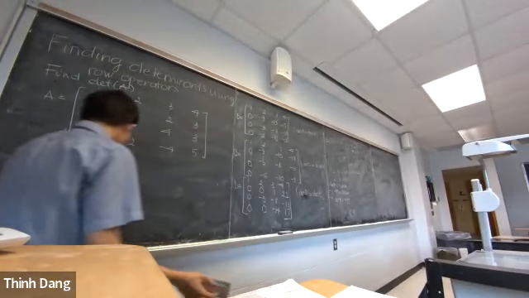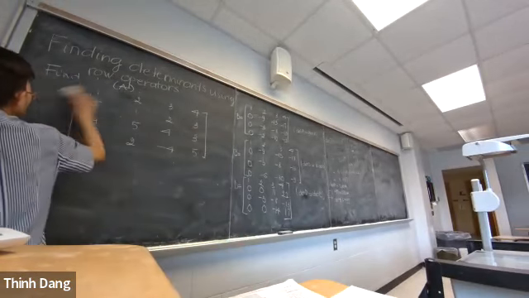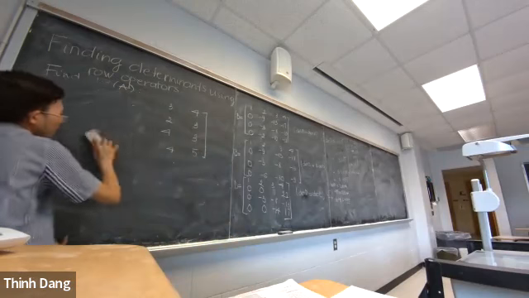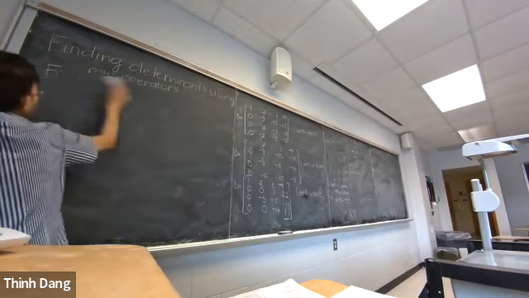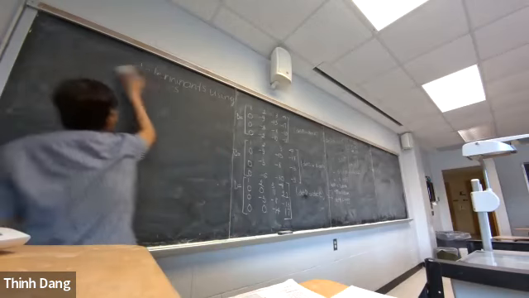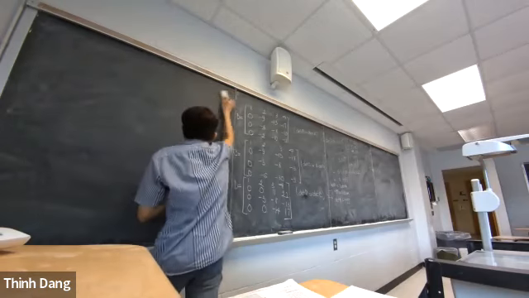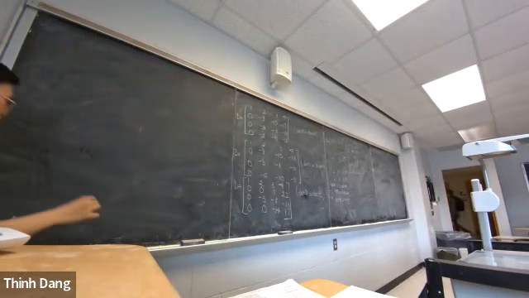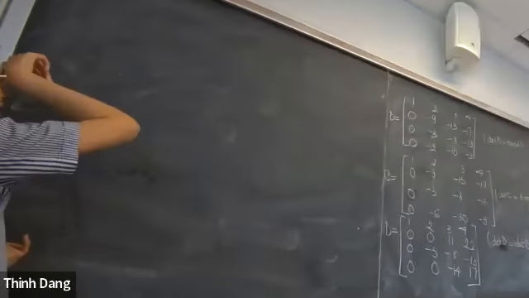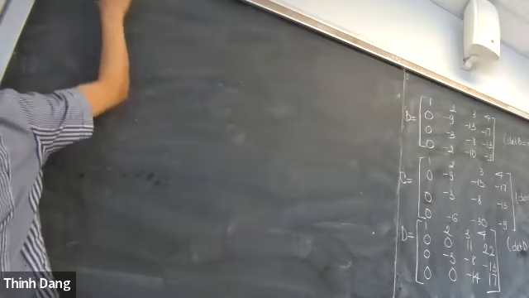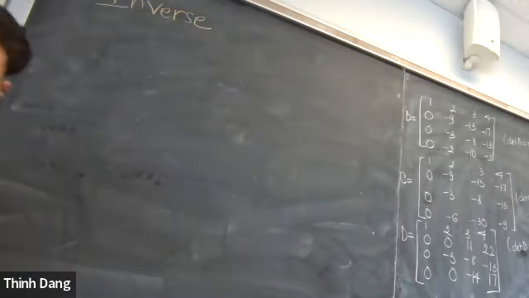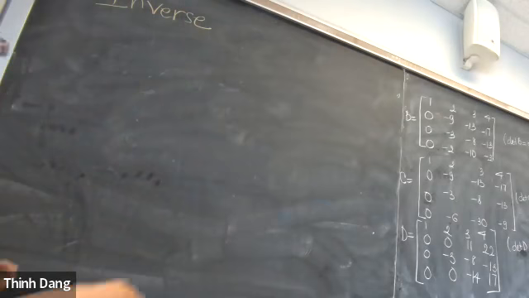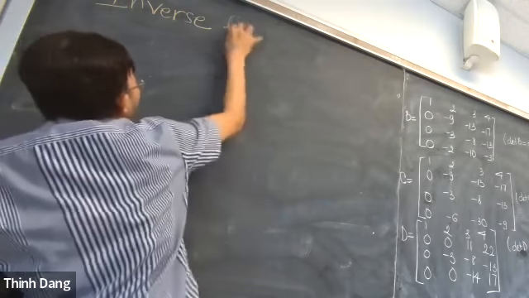What we're going to talk about next is one of the very important applications of the determinant. We are using the determinant to establish the inverse. Let's call this the inverse formula.